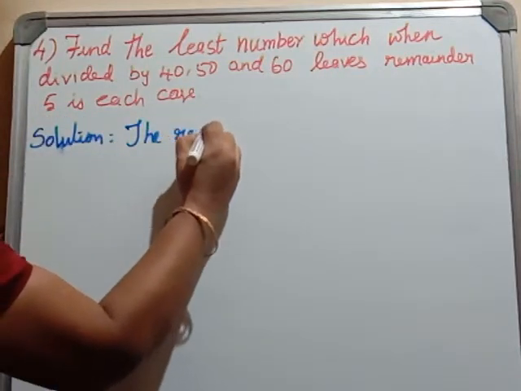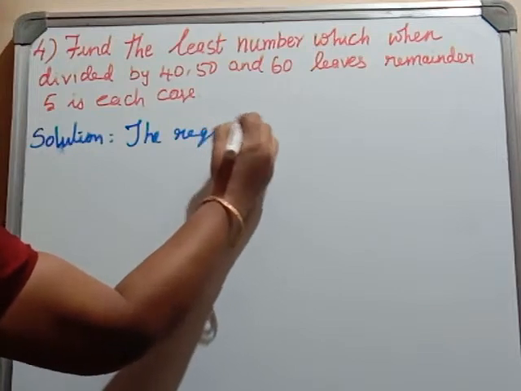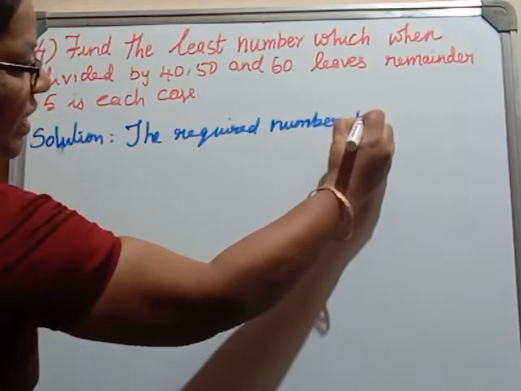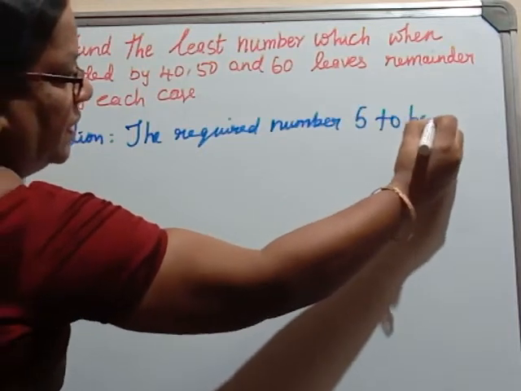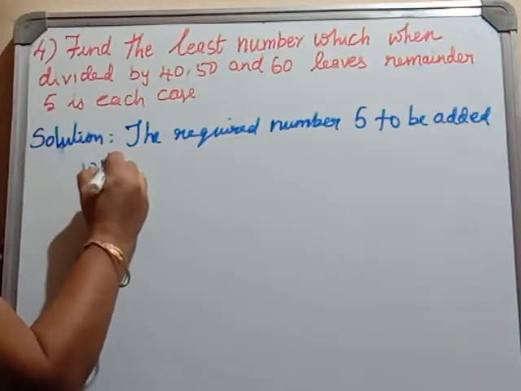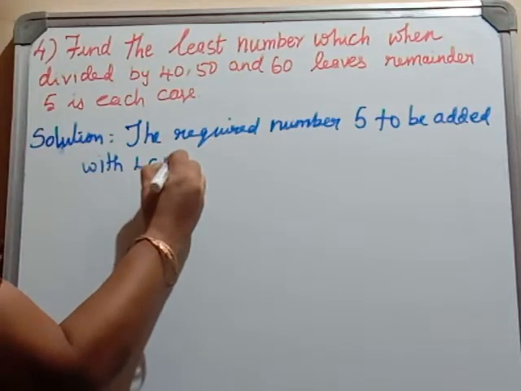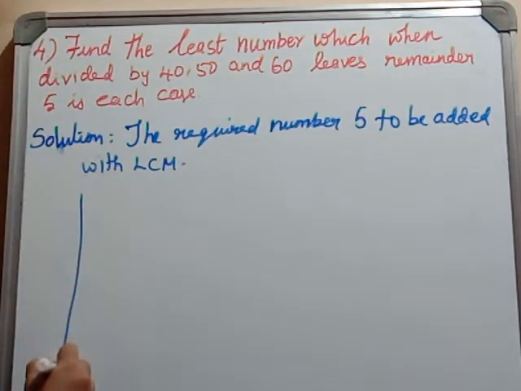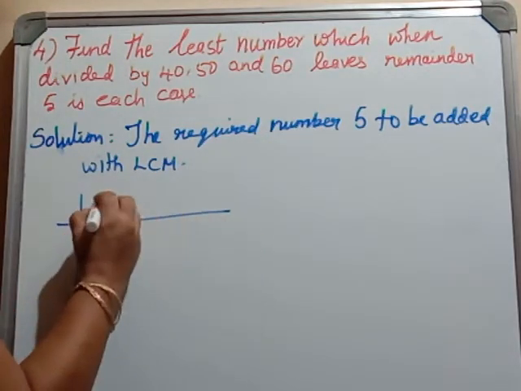The required number is 5 to be added with the LCM. Now we'll find out the LCM by the common division method.